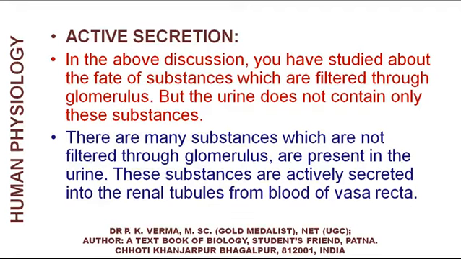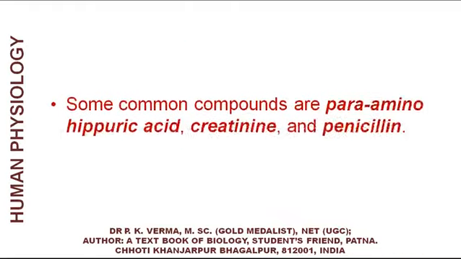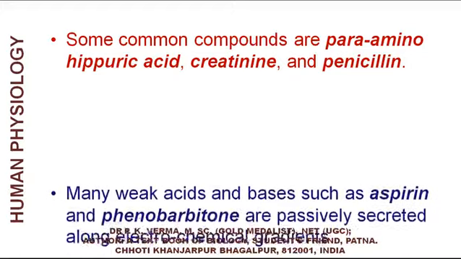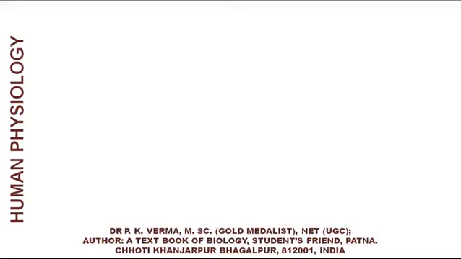These substances are actively secreted into the renal tubule from the blood of the vasa recta. Some common compounds are para-aminohippuric acid, creatinine and penicillin. Many weak acids and bases such as aspirin and phenobarbital are passively secreted along the electrochemical gradient.